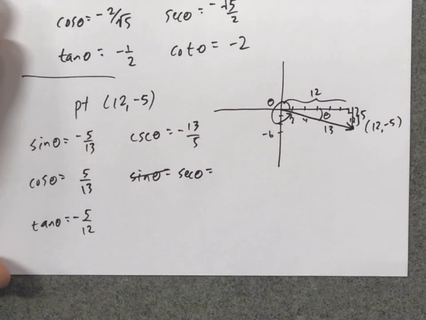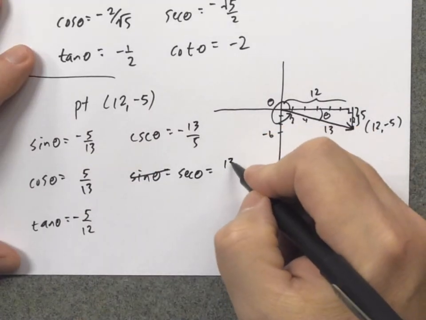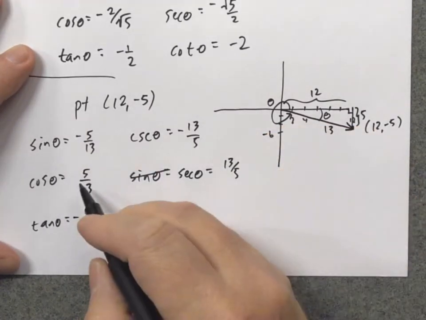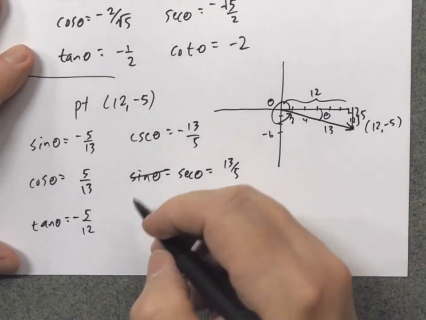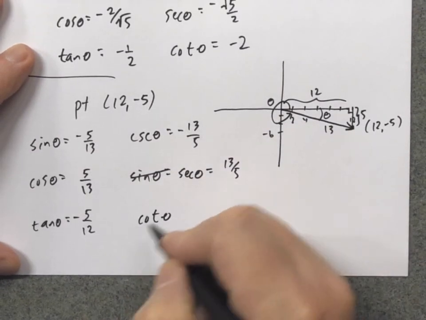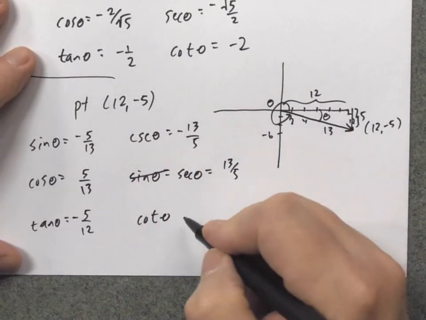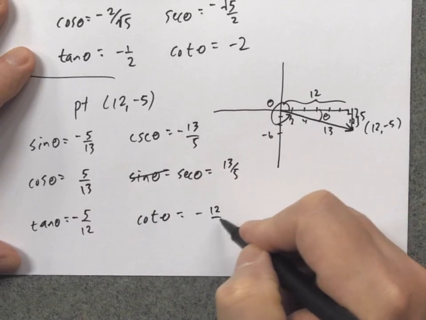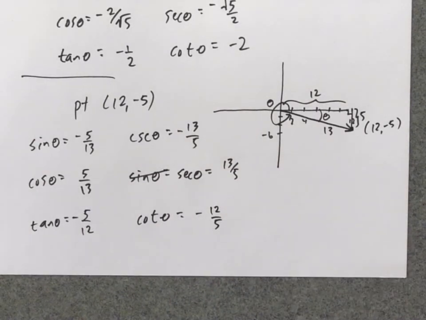Secant is grouped with cosine, so you flip the cosine. It's positive, positive. Cotangent is the reciprocal of the tangent, and the sign stays the same, and you get negative 12 over 5.